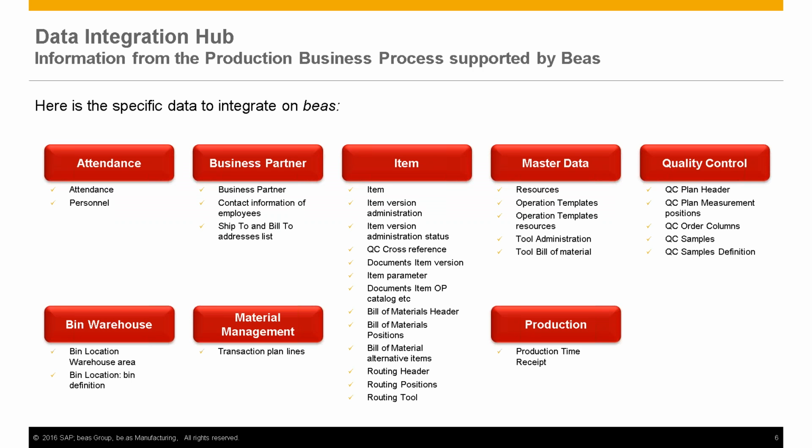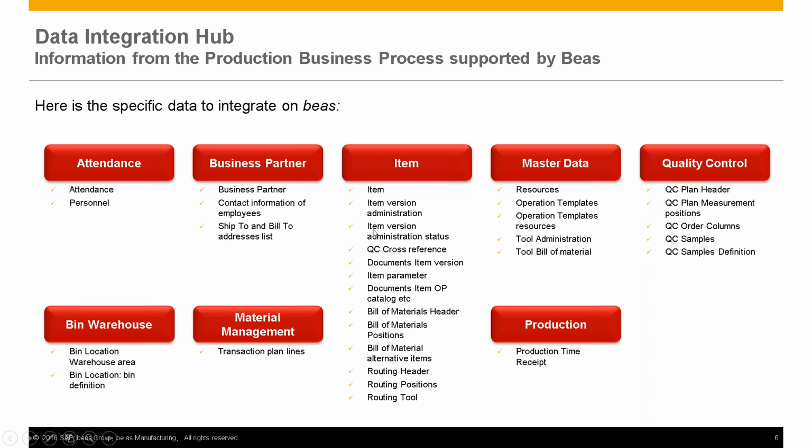Okay, so here is the specific data to integrate. We have it for attendance. We can integrate the personal database, okay, and also when a user logs in or logs out. Also, we have the business partners, okay, that we can add this data information.